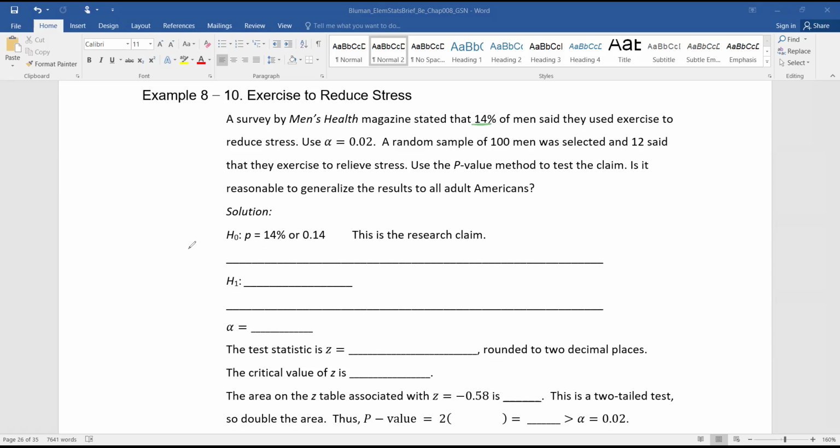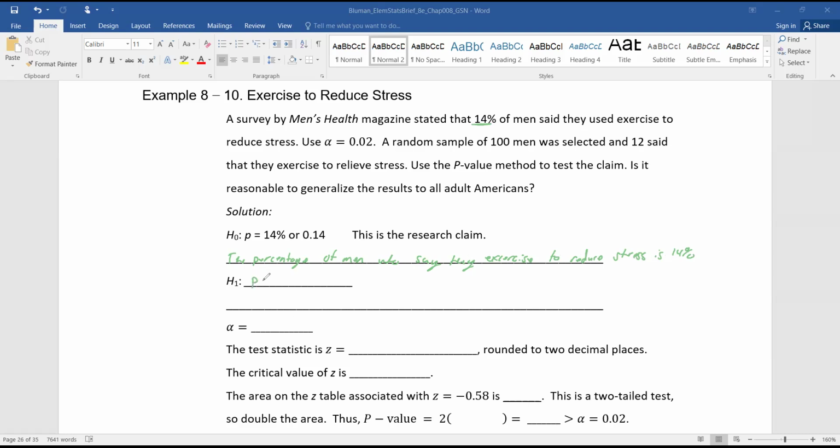And then the way we can say that is the percentage of men who say they exercise to reduce stress is 14%.